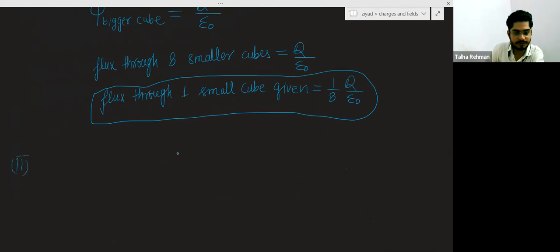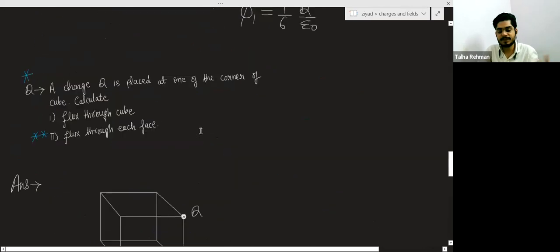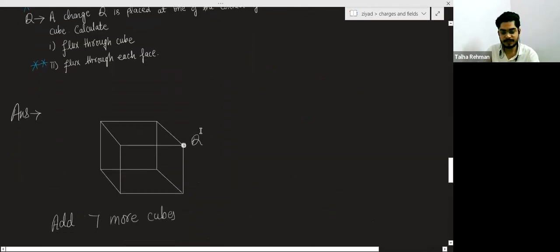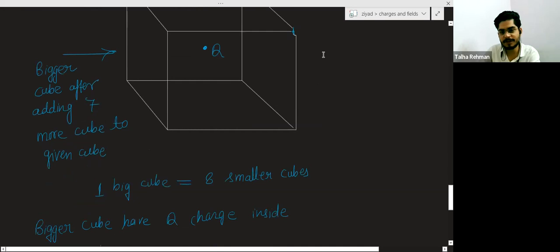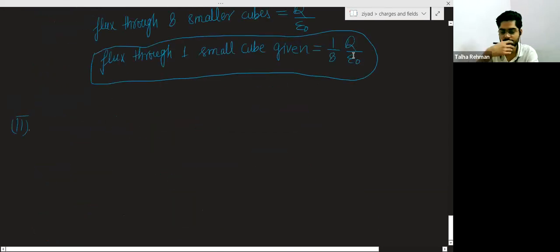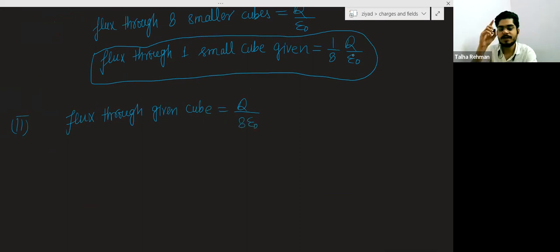Second part: if you want to calculate, they are saying flux through each face. Now flux through each face means flux through one cube is 1 by 8 into q by epsilon naught. Flux through the given cube is q divided by 8 epsilon naught, and in one cube there are 6 faces.